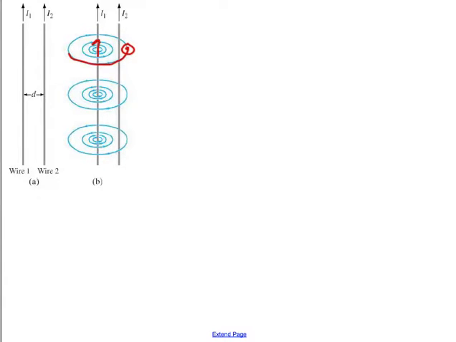So let's fix that guy and make him an into-the-page symbol. Your fingers are going to curl into the page over here, right? And likewise over here. So at the location of the wire itself, you're also curling into the page, except it'd be a little bit stronger at this specific spot over here because it's closer, right?